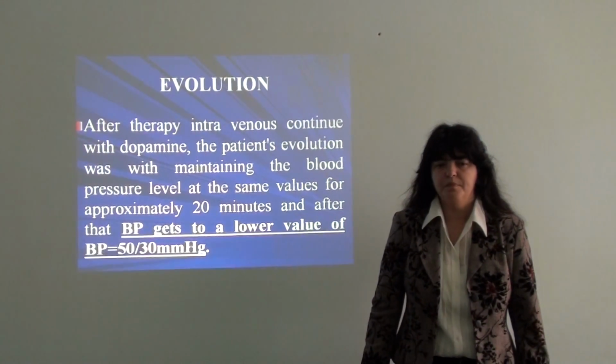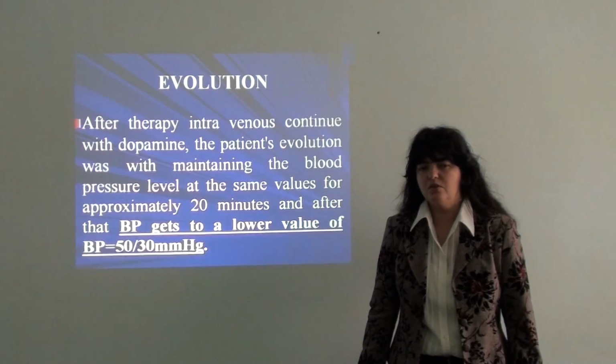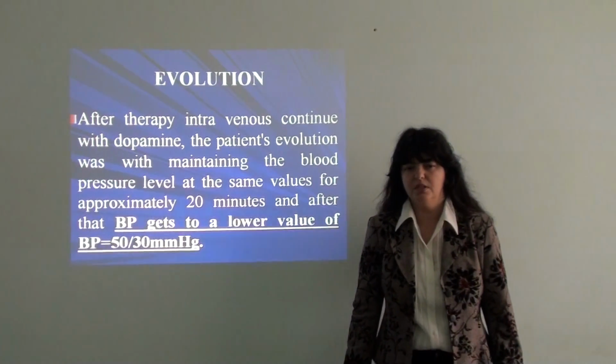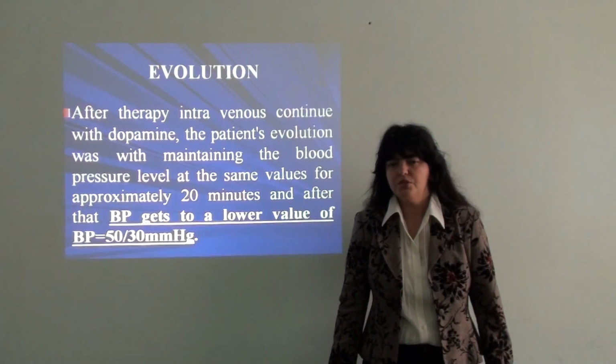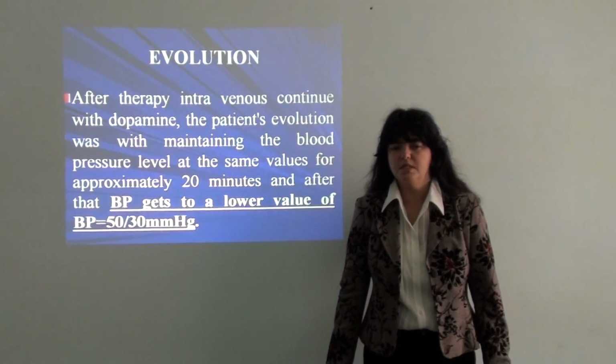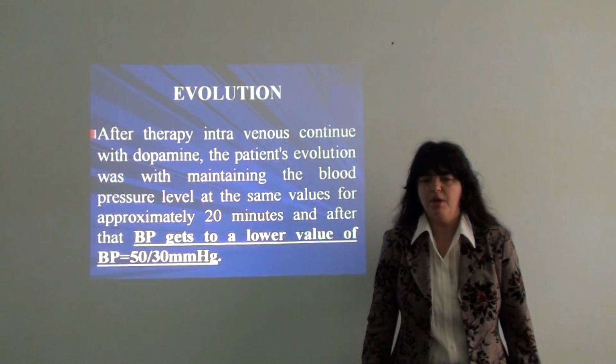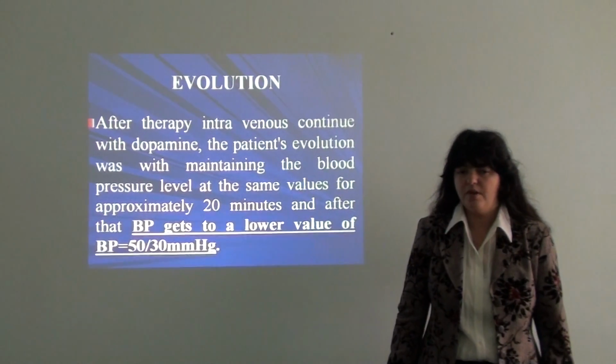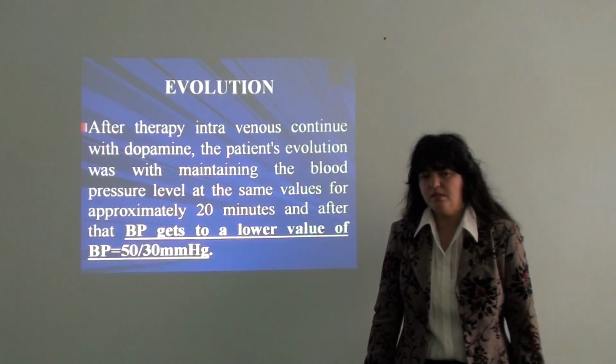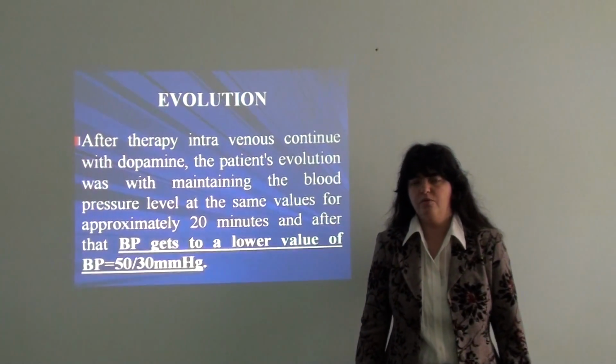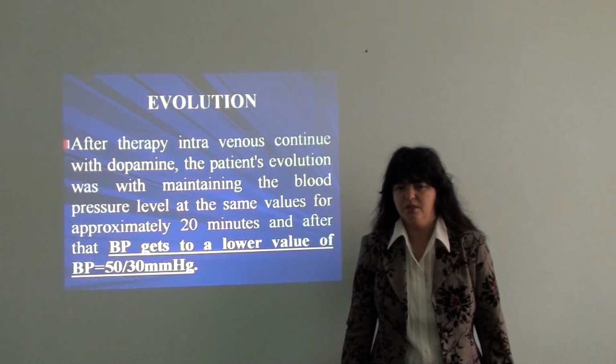After this intravenous therapy with dopamine, the patient's evolution was with maintaining the blood pressure at the same value for approximately 20 minutes, so for a very short time period.